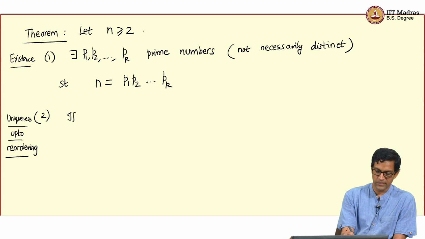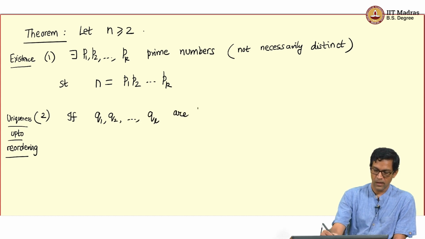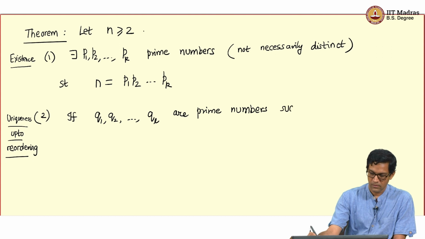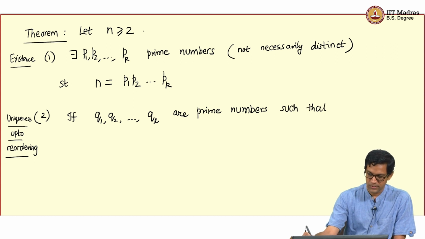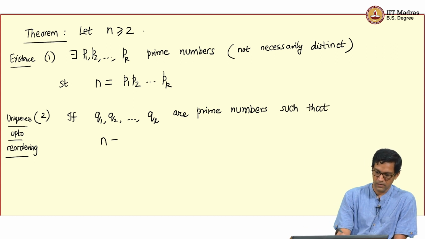So the uniqueness statement says the following: suppose I have another list of primes, q1, q2, ..., ql, which are also primes, such that n is the product q1 q2 ... ql.